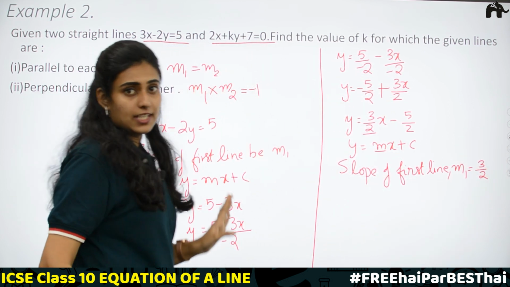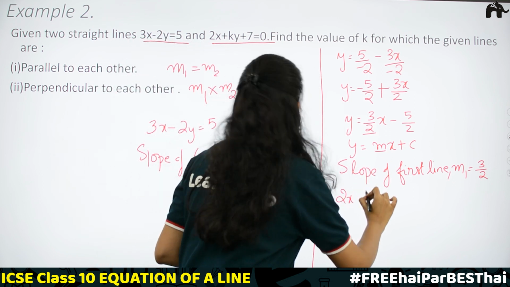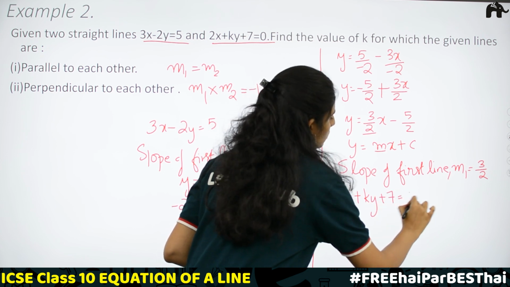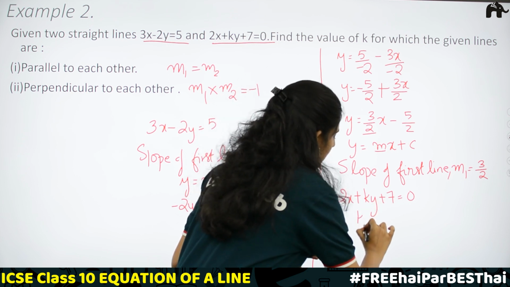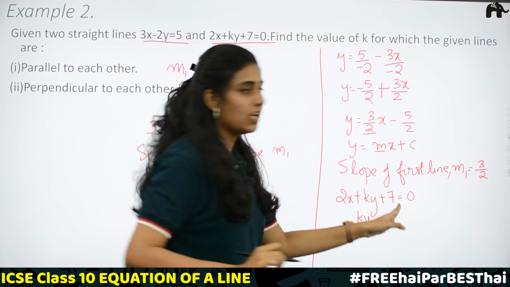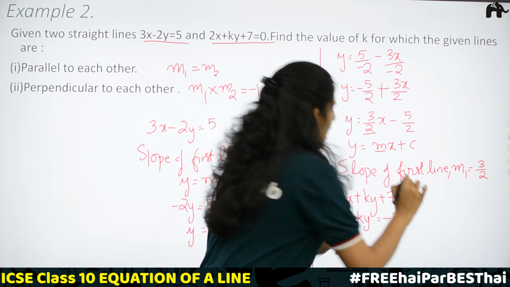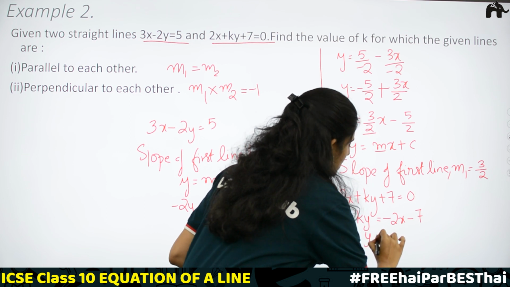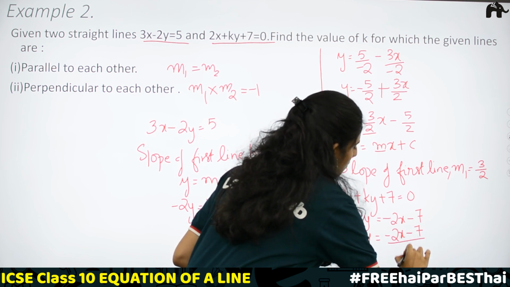What is the equation of the second line? We have 2x plus ky plus 7 is equal to 0. The y containing term, ky is equal to, taking all other terms to the opposite side, 2x becomes minus 2x and plus 7 becomes minus 7. And y is equal to minus 2x minus 7 divided by k.